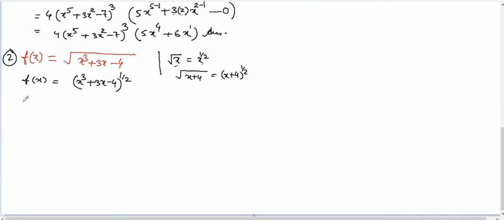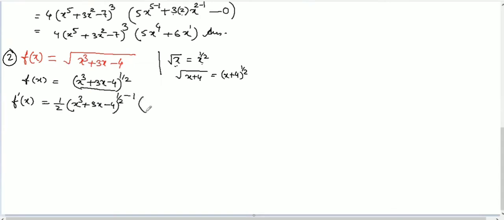As the function is f(x), we have to differentiate, and we will write f prime of x equal to, follow the chain rule. So the outside function is this one and the inside function is this one. So bring down the power here, half, in front of this function, and don't change anything in the inside function, just write it down as it is, x cube plus 3x minus 4, and the rule says whatever the power, minus 1.